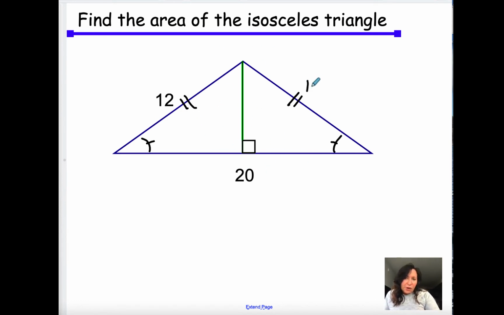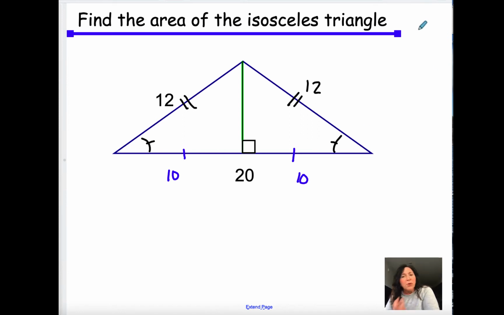Additionally, both of them have the same measure, 12 and 12. But one very cool thing is that if this is an isosceles triangle, this height that comes straight down is going to break this base up into 2 equal parts, which would mean this would be 10, and this side also would be 10.